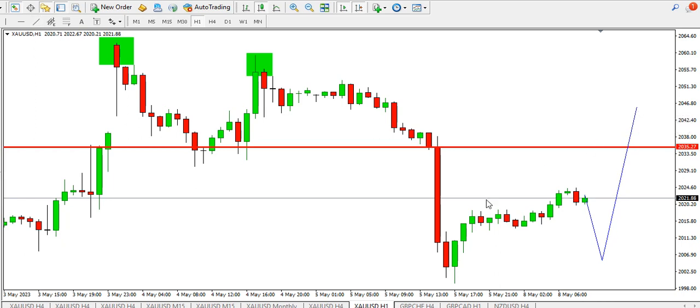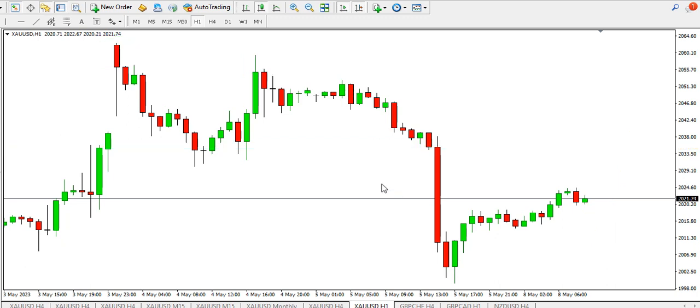So that's a possibility on the 1-hour time frame. But for now, price is retracing, drawing a trend line. The trend line is still respected and has not been tested. So on the 1-hour time frame, it is still bearish.